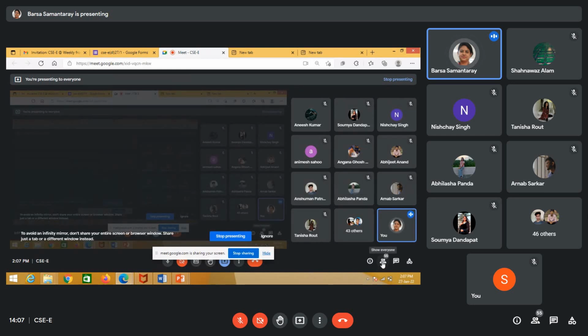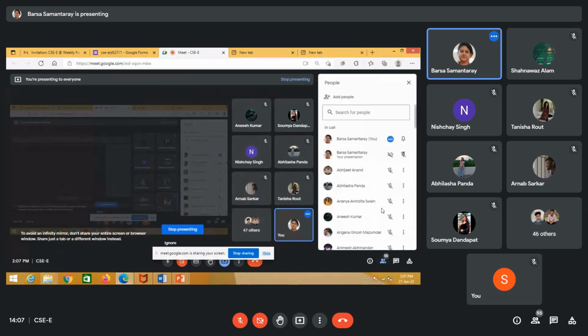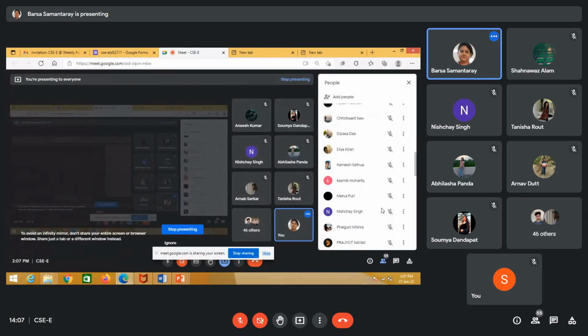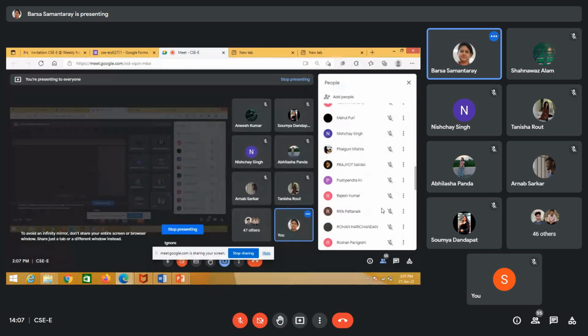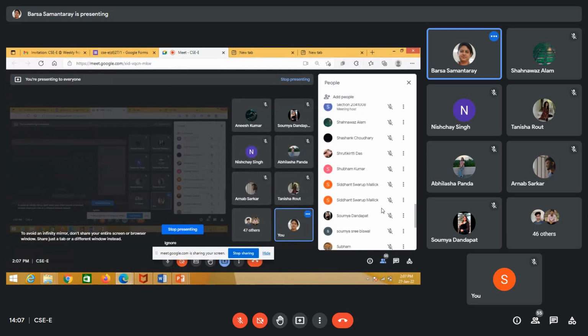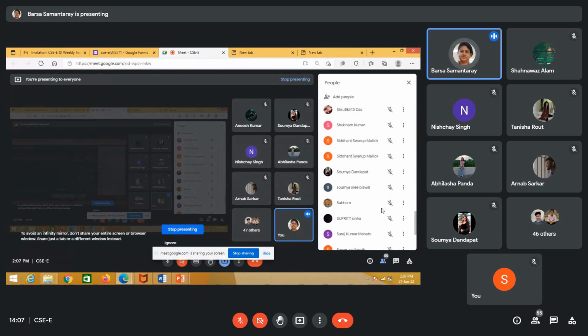That means these students are absent. Signed in and absent. Diya Kiran. Siddhant Swarup. Yes, ma'am. So I will mark the others absent, because nobody is responding.